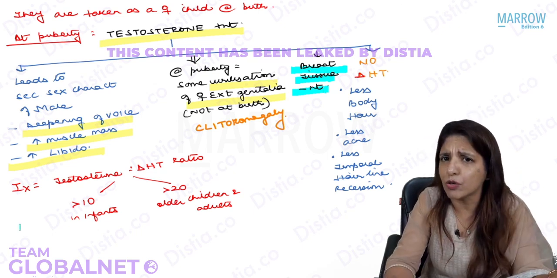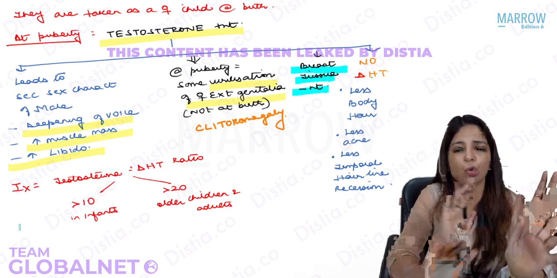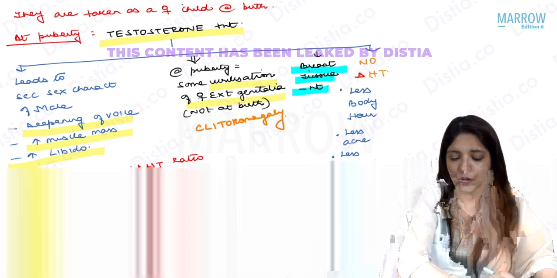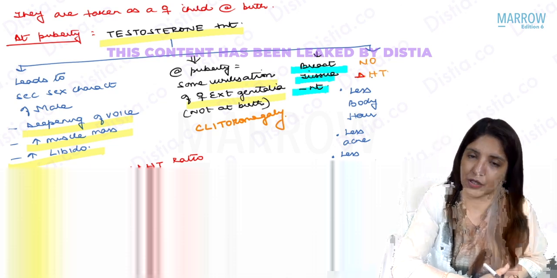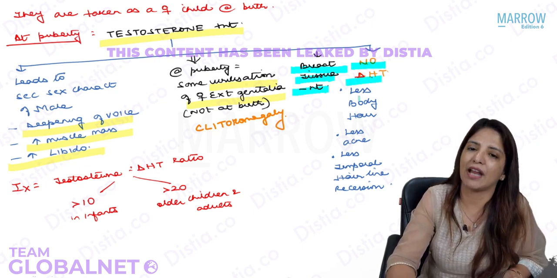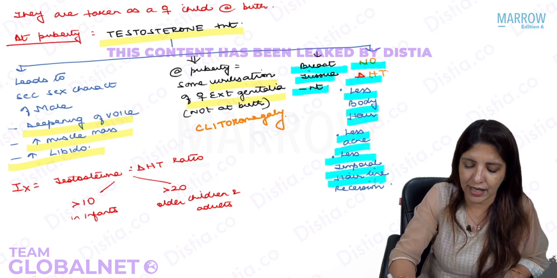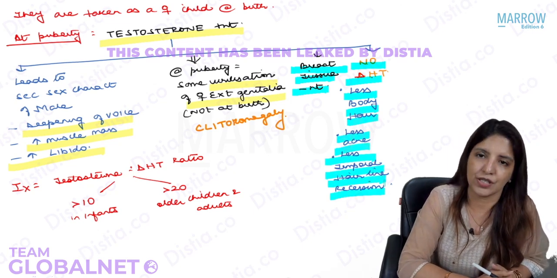Over here, the levels of testosterone are not high and they are sensitive to testosterone, so testosterone will do its own function. It will not get converted into estrogen. So breast development will be absent. And because there is no dihydrotestosterone, they will have less body hair, less acne, and less temporal hairline recession.